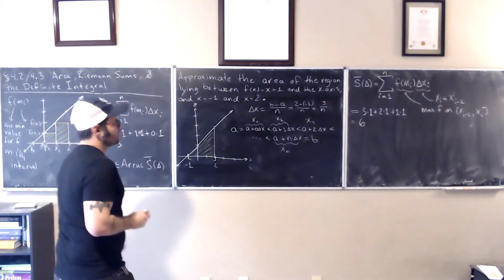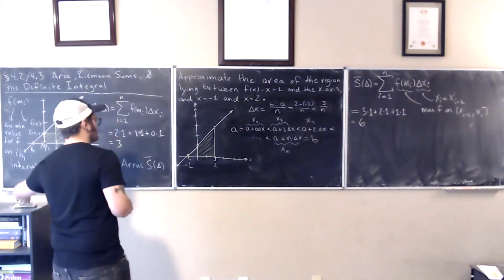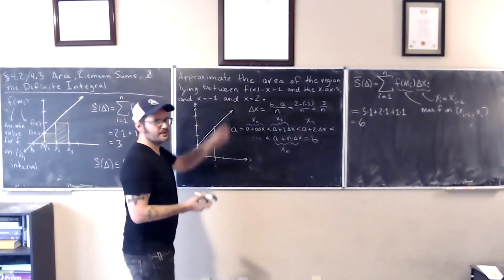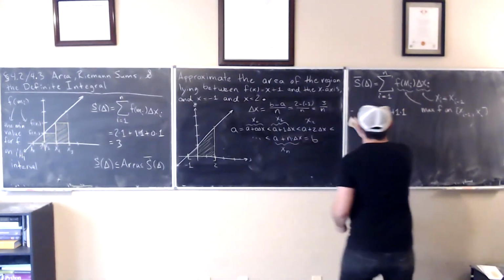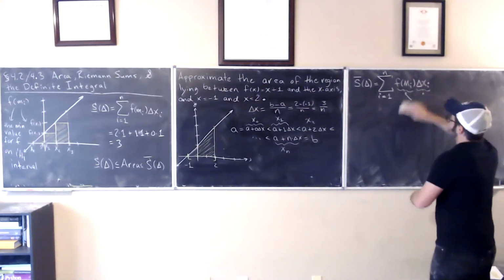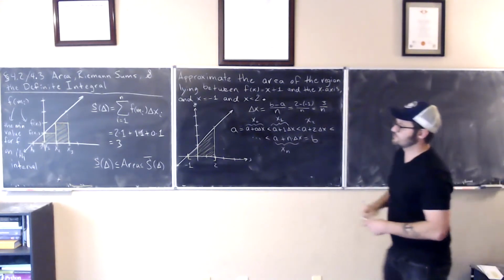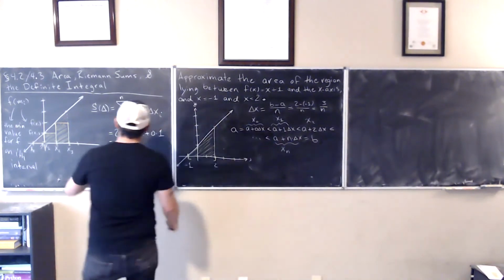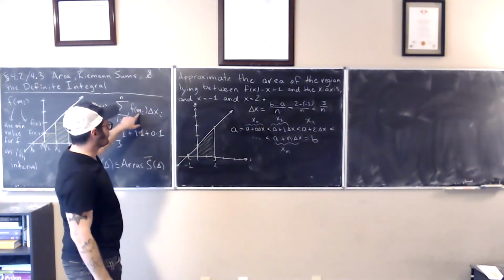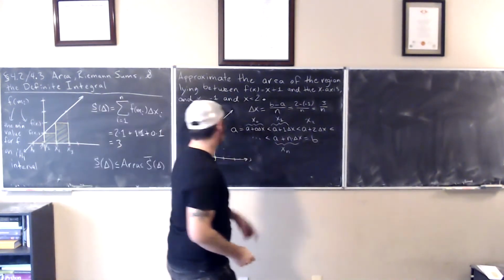Okay. Now, with this function here, it's strictly increasing, right? So since it's strictly increasing, we should be able to figure out what our little mi is and what our big mi is.